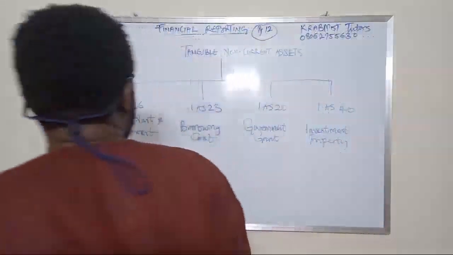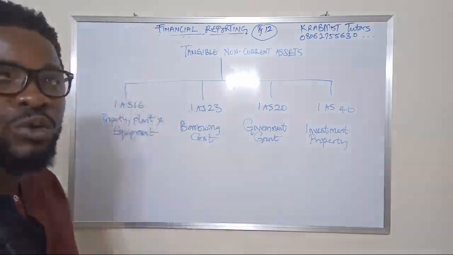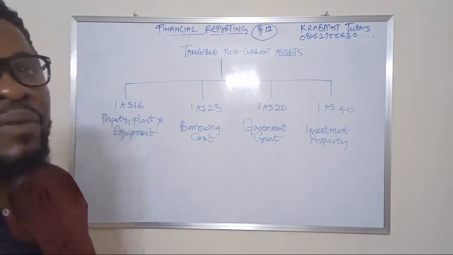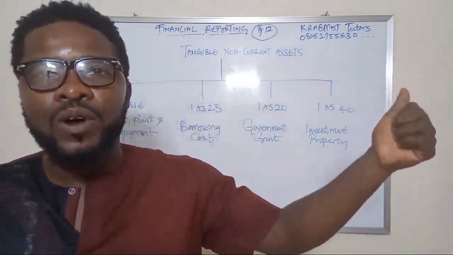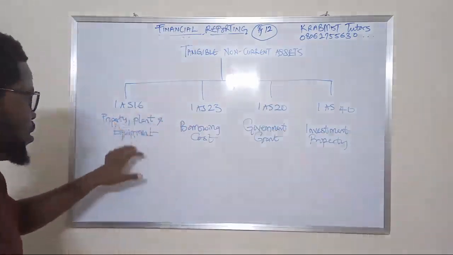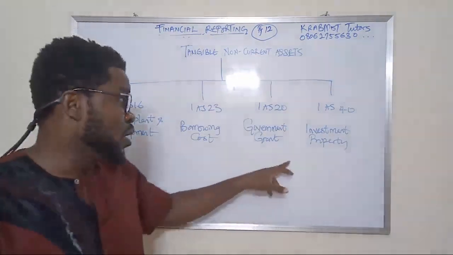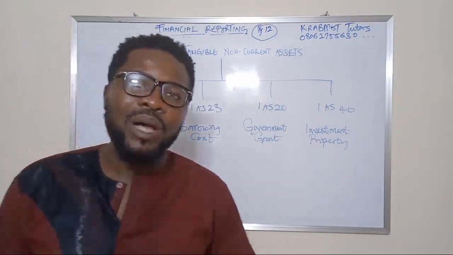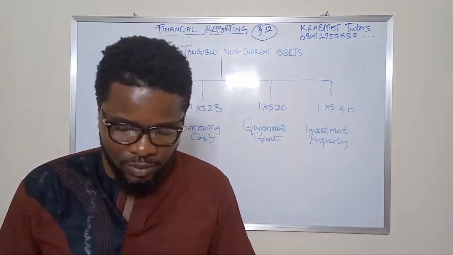We have tangible non-current assets, and I'm sure you know where they feature in the statement of financial position. We have non-current assets. These are the things you see there: property, plant and equipment, borrowing cost, government grant, investment property, and we have intangible non-current assets, which is IAS 38.